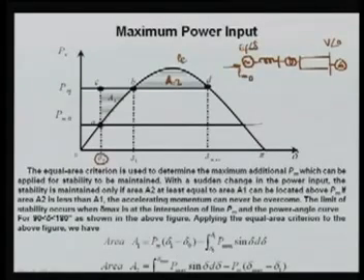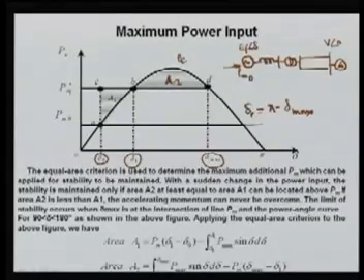To determine this PM, we have to calculate delta 1, or delta max, because delta max is pi minus delta 1. Once we know delta 1, we can get point B, because the PE characteristic we know. If we put delta 1 in that PE characteristic, we will get point B, and thus we can determine PM. You will see in the following lines.